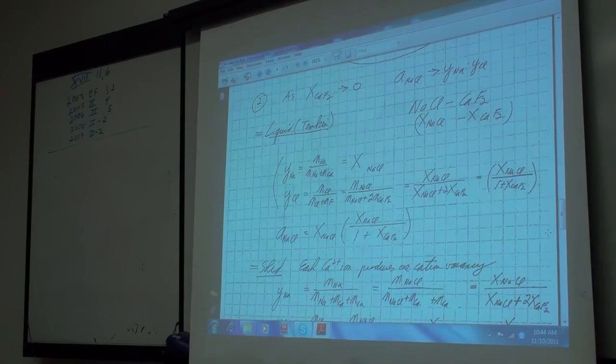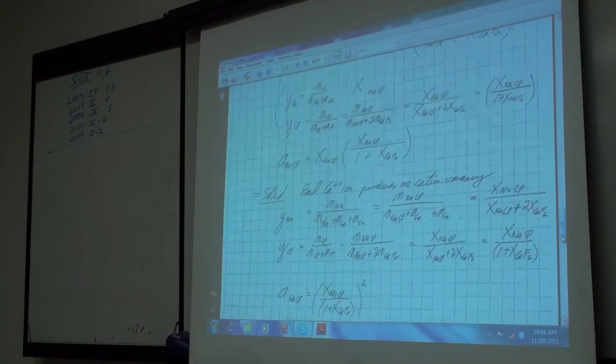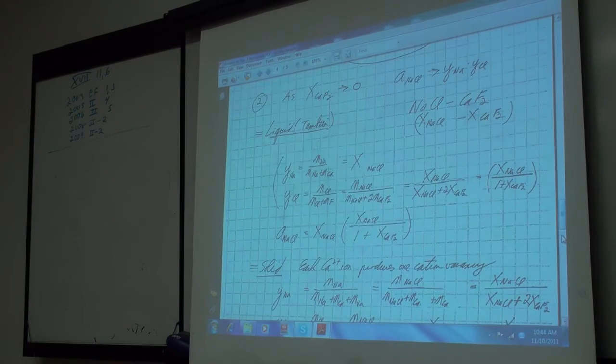Did this all make sense to you, or have you had some problems with this? Because I was going to get on to molten salts. Well, okay. I have the impression this entire problem set here has given you problems, or no problem at all?